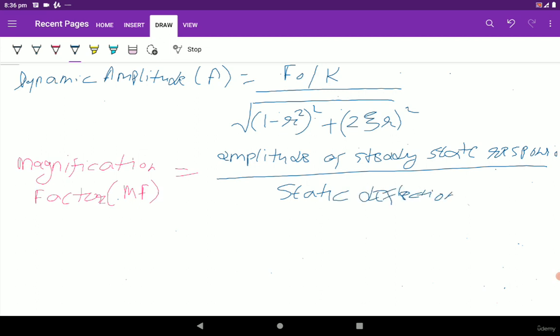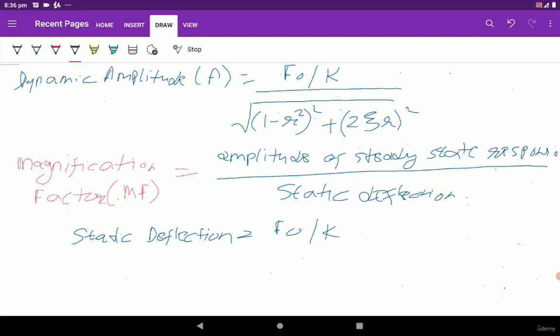In this case, the static deflection is equal to F naught by k. So we can write the magnification factor.